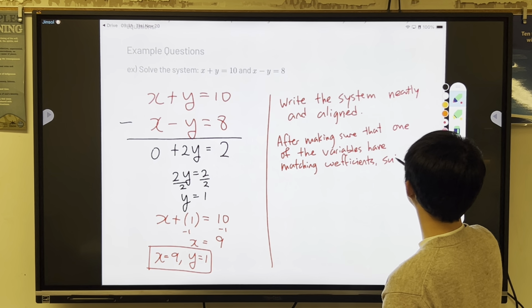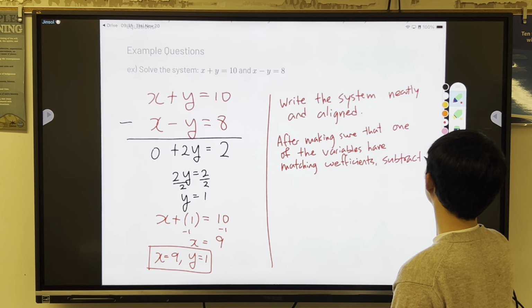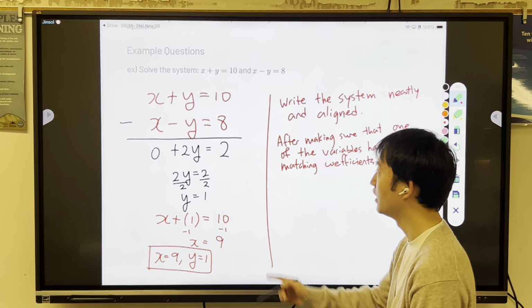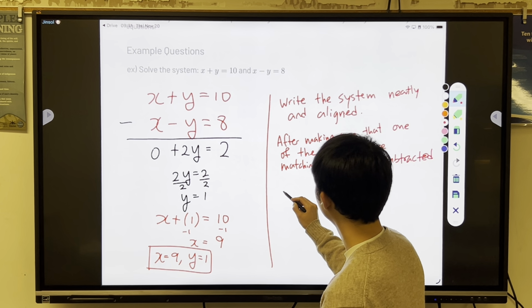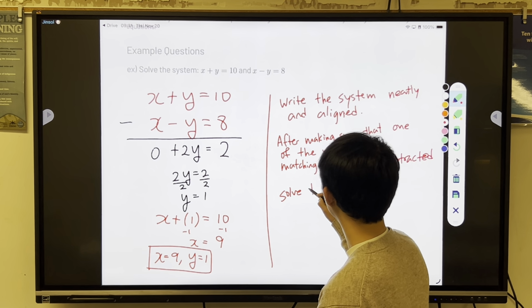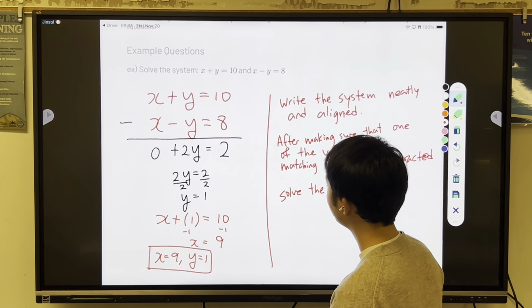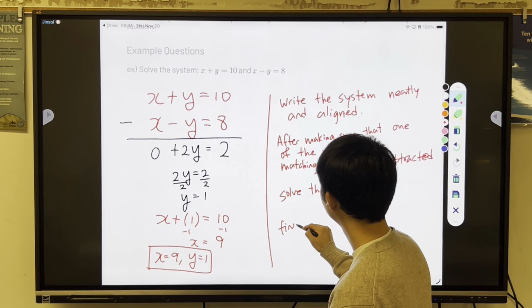I subtract the two equations and I have one variable. So here, just solve the equation, and the final step is to find the other variable.